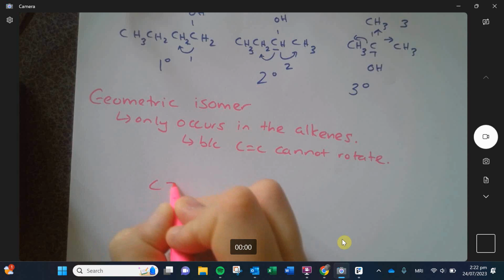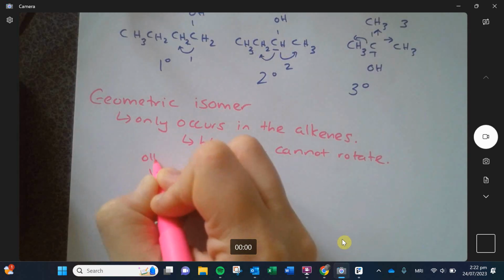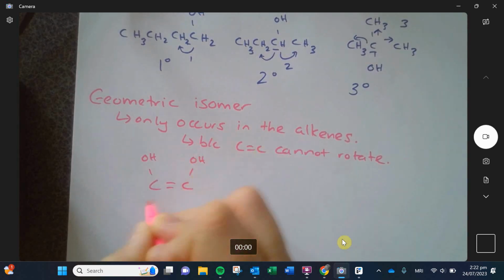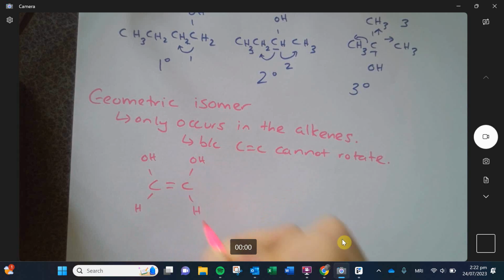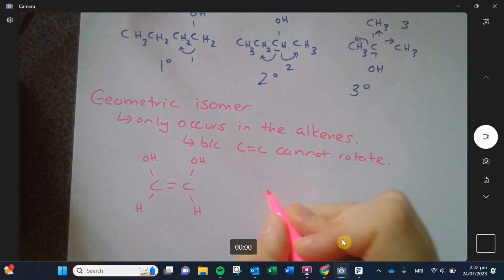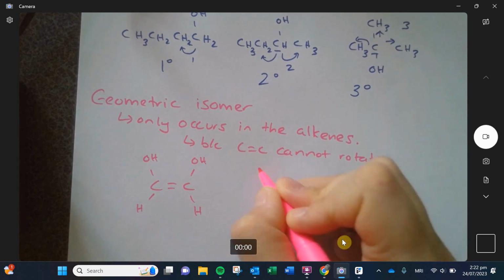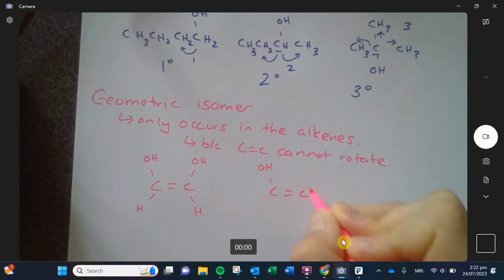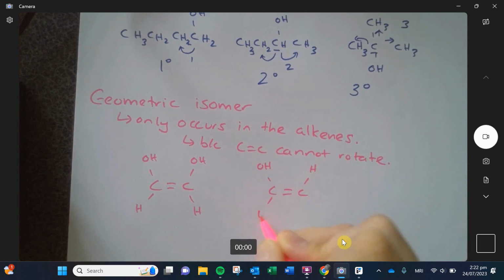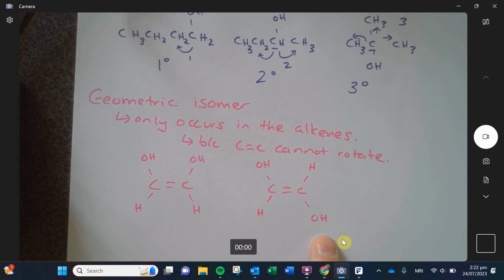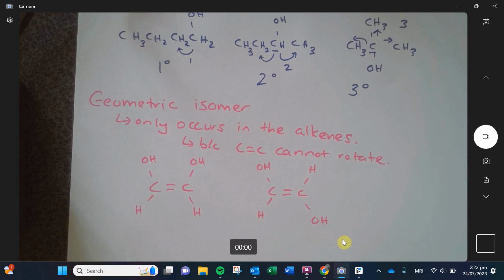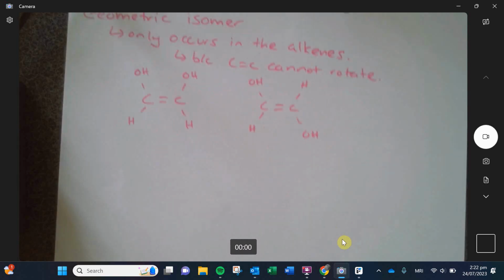I could have C double bond C with the OHs on the top and my hydrogens on the bottom. Or I could have 1 OH on the top and the other OH on the bottom. So that's what that would look like.